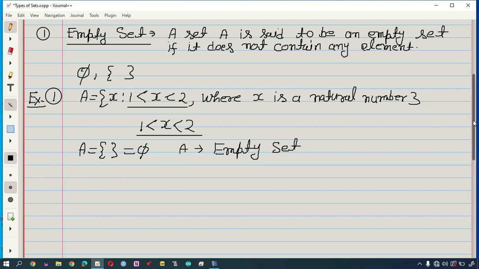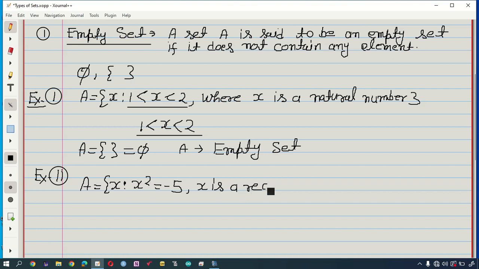Now I am going to give you the second example. Suppose A is defined as x such that x square is equal to -5, where x is a real number.